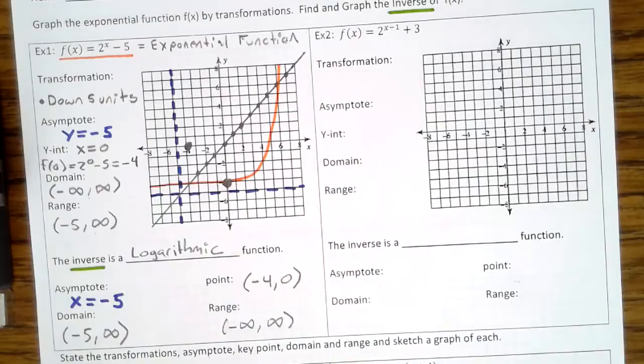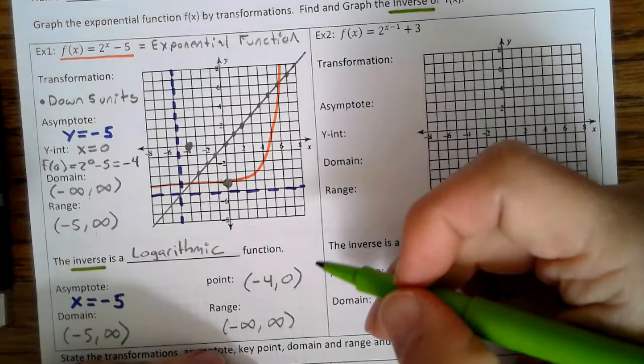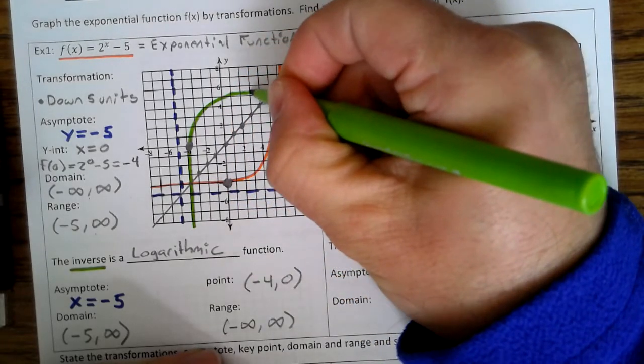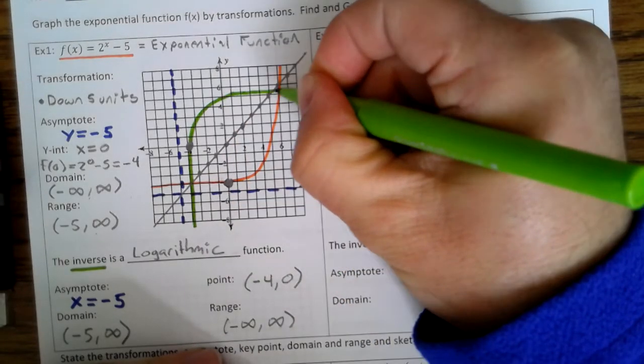So the logarithmic function is like so. All right, so go ahead and finish up example 1.